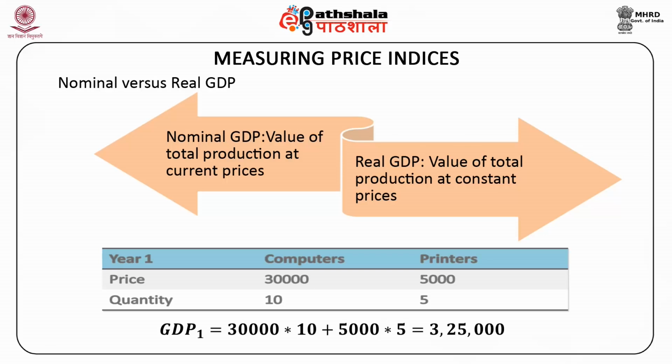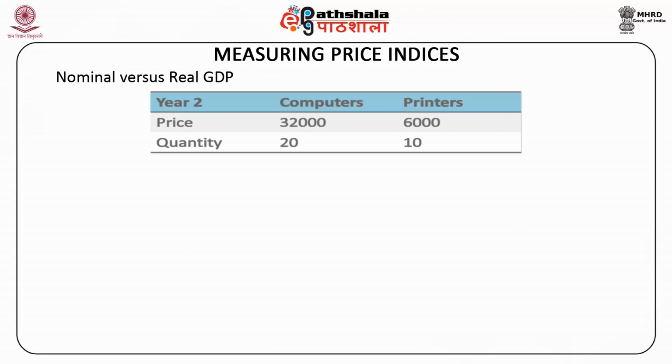In year 1, the economy produces 10 computers and 5 printers. Therefore, the GDP in year 1 will be equal to 30,000 multiplied by 10 plus 5,000 multiplied by 5, which is equal to 3 lakh plus 25,000, equal to 3 lakh 25,000. In year 2, the production of computers and printers doubles to 20 and 10 respectively.